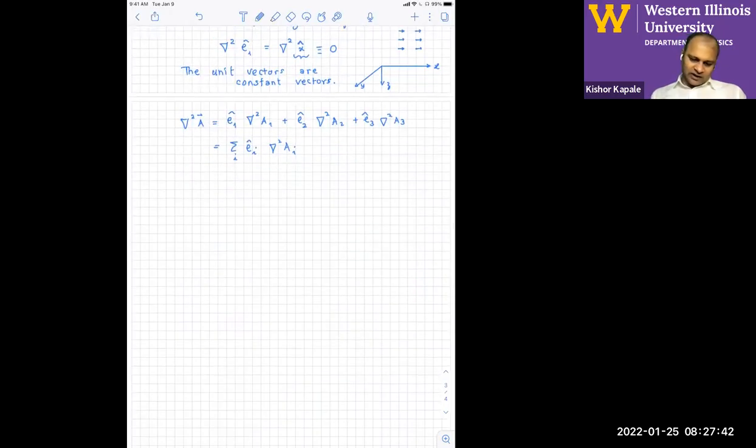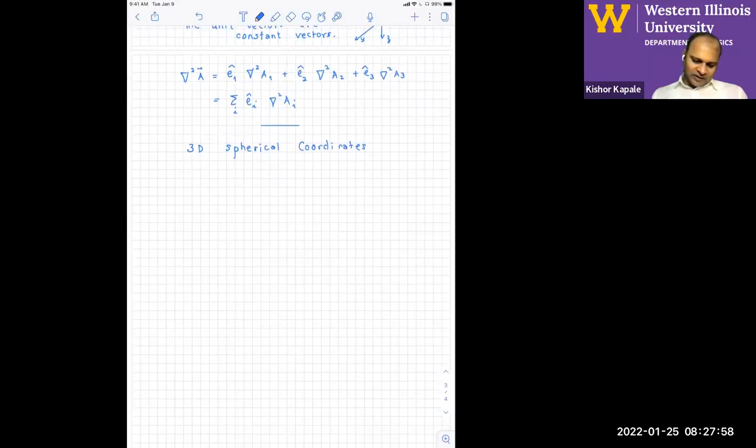Now, can you say the same thing in the 3D spherical coordinates? So think about the 3D coordinates, and we especially care about the unit vectors. Now I'm going to be taking the x here, y here, and z there.